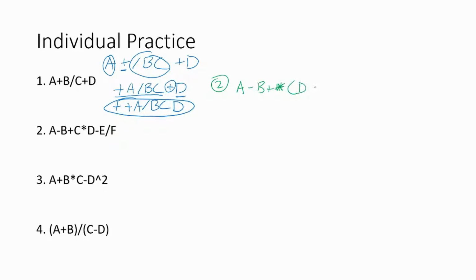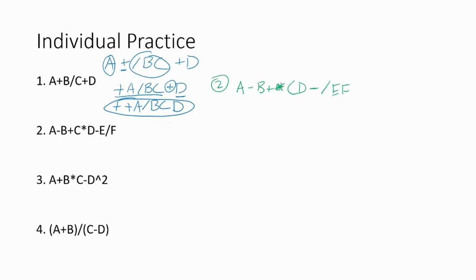I'm going to go ahead and skip to the next step. And I'm going to make the E divided by F into the prefix notation as well. So E, F. Now, next step, I'm going to go ahead and do all the addition and subtraction, which is what is left.